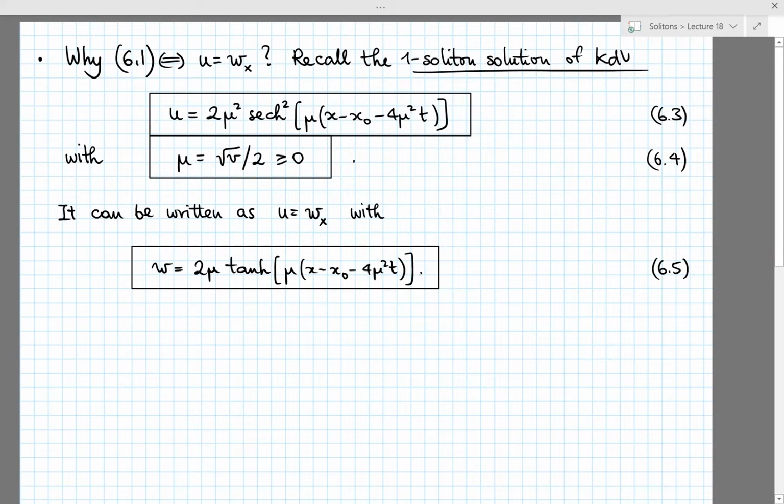That's because the derivative of the hyperbolic tangent is the hyperbolic secant squared.